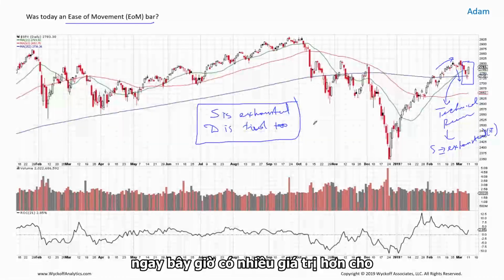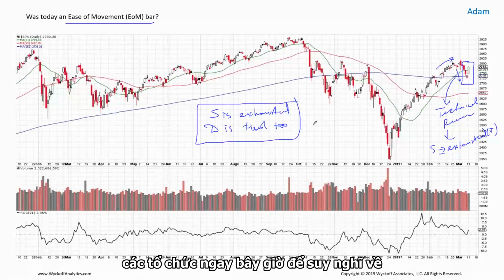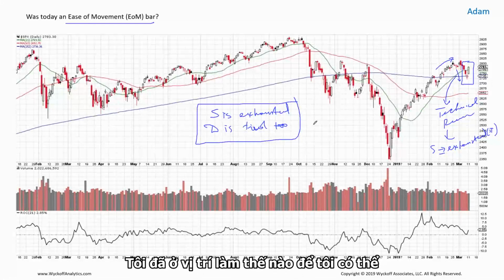There is more value for institutions right now to think: I'm already in the position, how do I hedge my positions against a possible volatility that might come next?